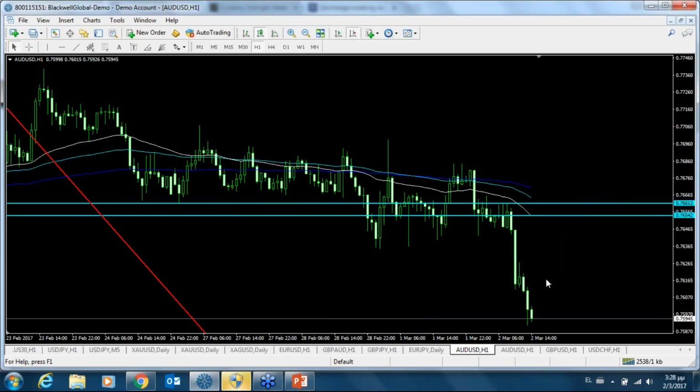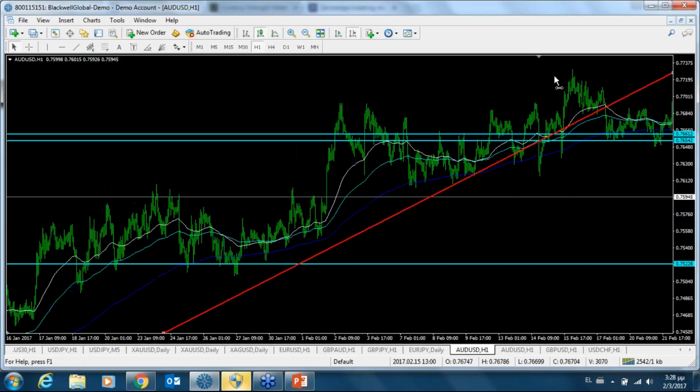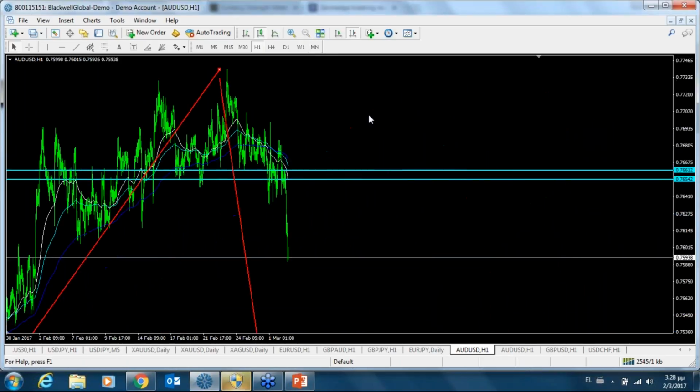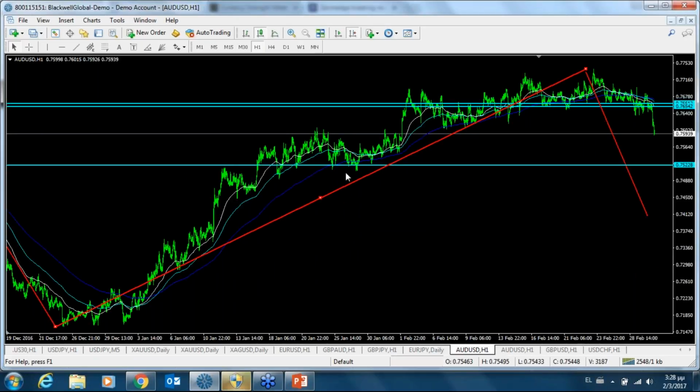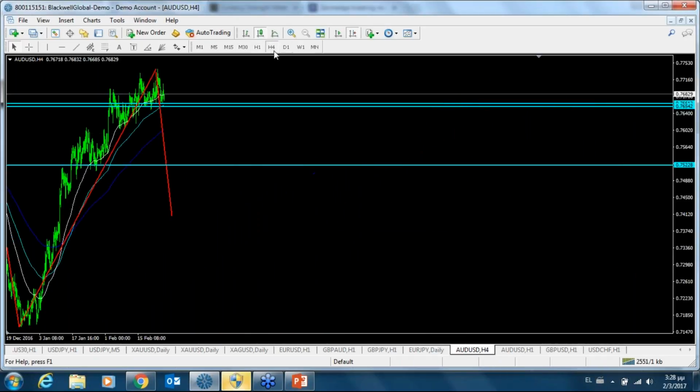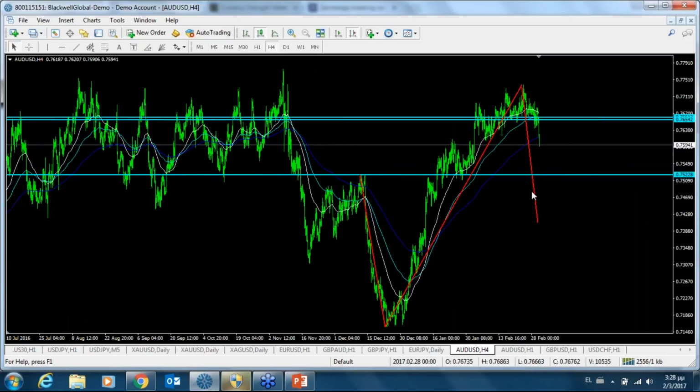But on the 1 hour chart, it's very clear to the downside. On the 1 hour chart, it's showing that it's got loads of room potentially for downward momentum. As you go into the 4 hour chart, it's just past those 3 lines and going under as well.